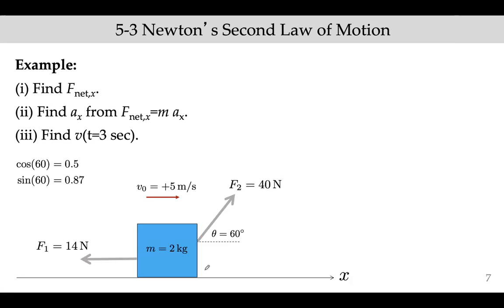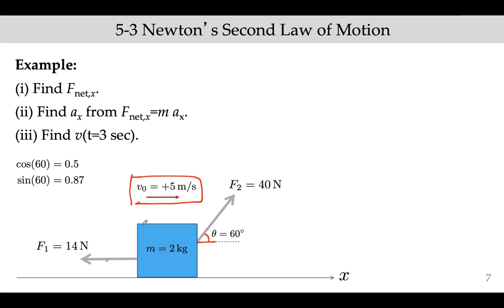Okay, let's do one numerical example now. So in this problem, we have a box of 2 kilograms, and there's one force to the left and one force at 60 degrees with the horizontal line, and it's 40 newtons. This object is already moving with 5 meters per second.